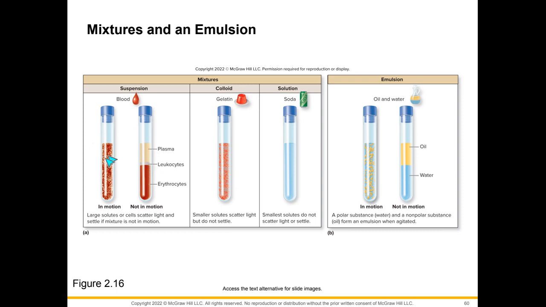This whole blood right here is considered a suspension, because if you leave this at room temperature, it will settle down. To speed up the separation, you can put this tube in a centrifuge and subject it to centrifugal force.